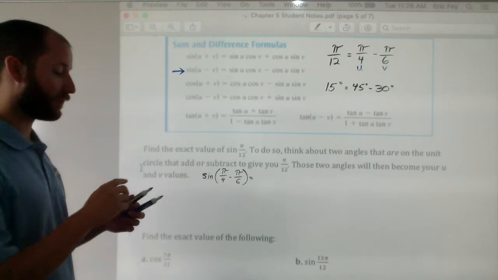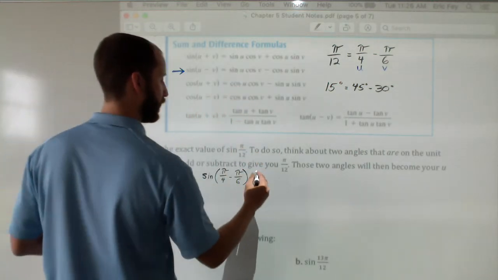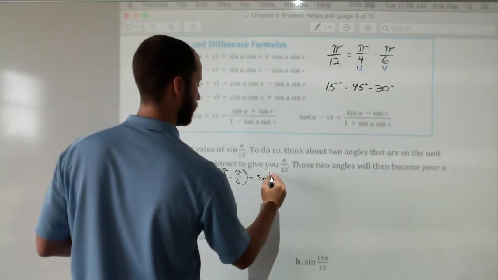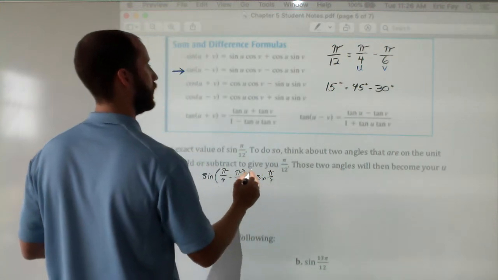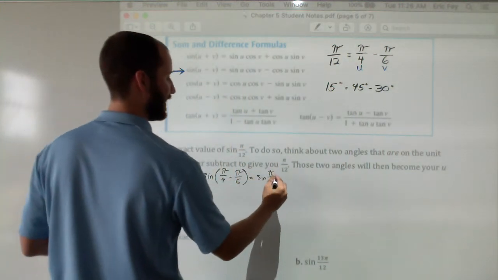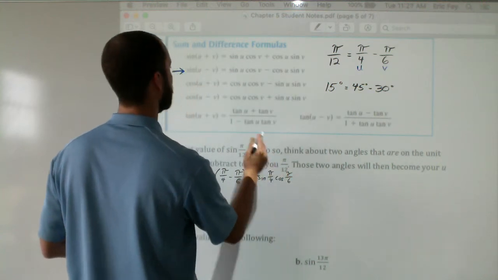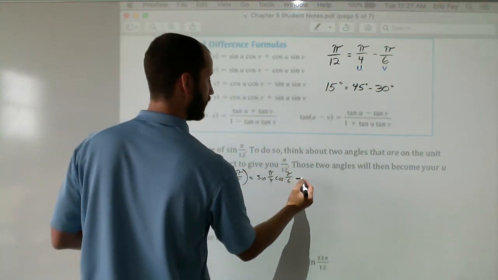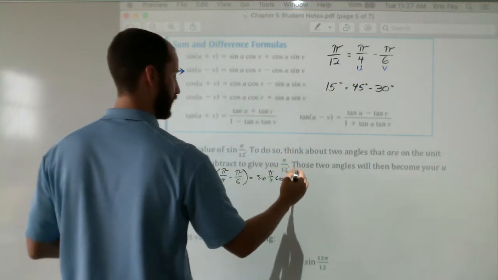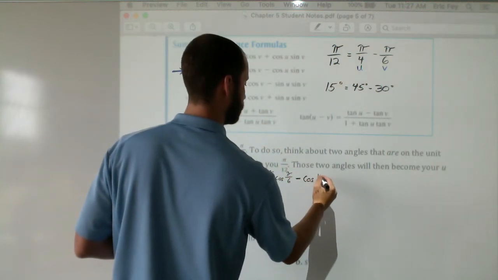So I'm going to copy everything down. So sine of my first angle, sine of pi over 4, cosine of my second angle, cosine of pi over 6, minus cosine of my first, sine of my second.